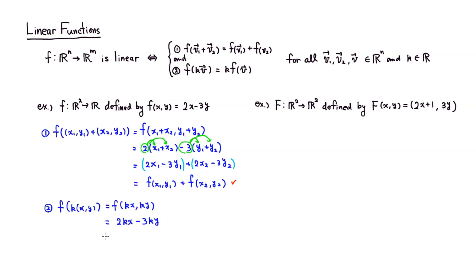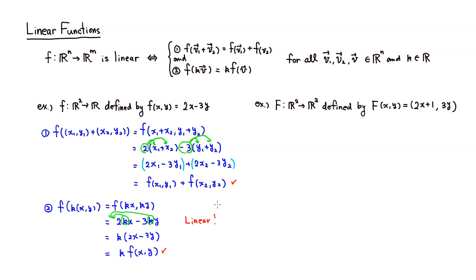But you can see that the k is in common, so we can pull that out. So we have k times 2x minus 3y. But as you can see, 2x minus 3y is exactly the definition of f of x comma y. So this verifies the second condition. Therefore, this function is definitely linear.